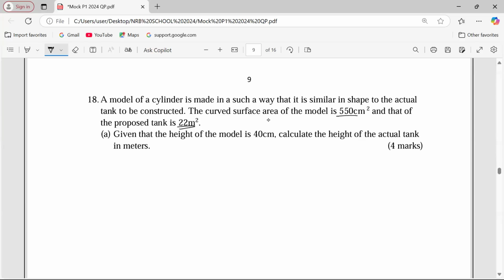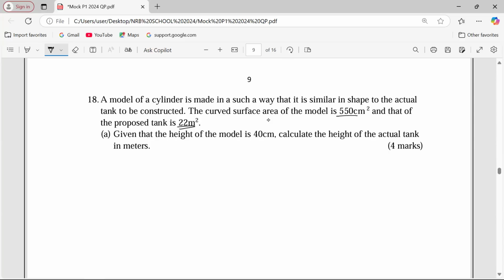tank. So this is similarities and enlargements. What you're supposed to know is that we have already been provided with areas. So the ratio of areas will give us the area scale factor. The area of the model is 550, the area of the actual is 22.